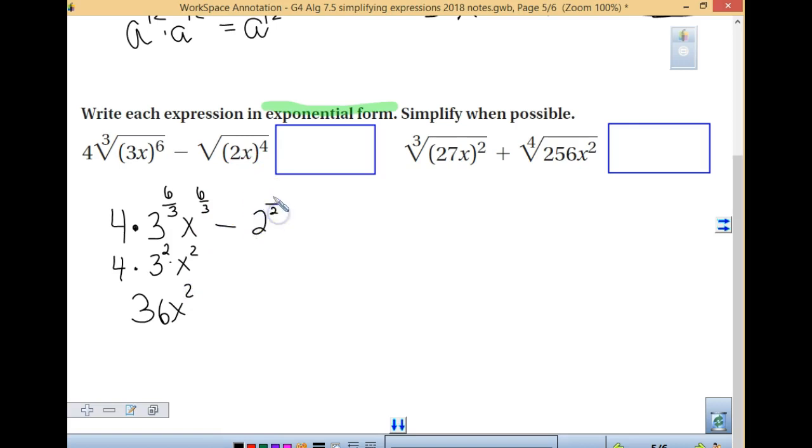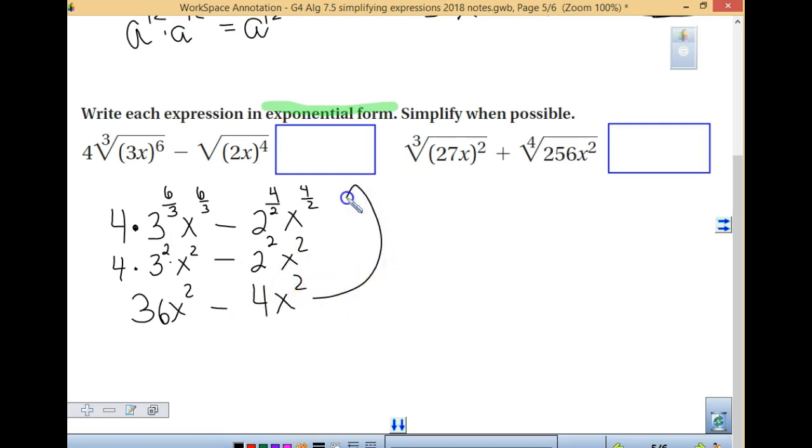Denominator is 2, numerator is 4. X, numerator 4, denominator 2. Why denominator 2? Because this is an index of 2 right here. So I have minus 2 to the 2nd, right? X to the 2nd.